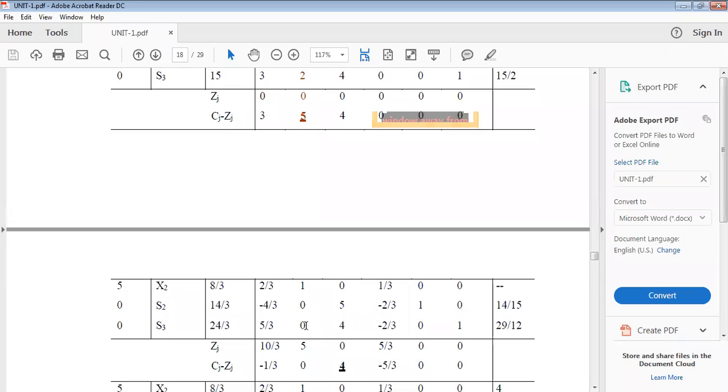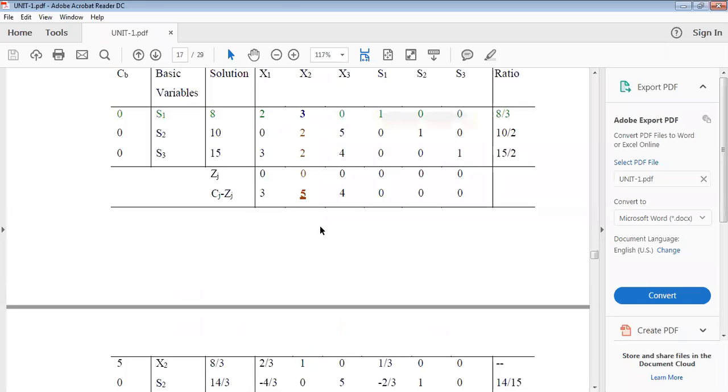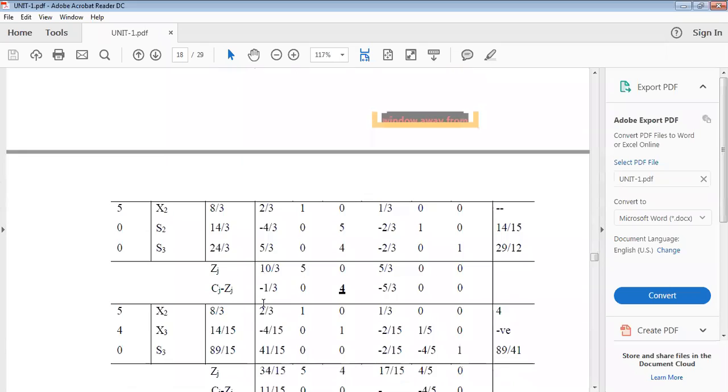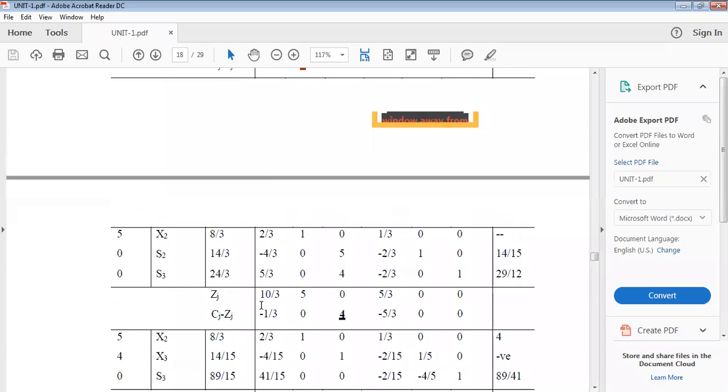Next comes 0, 0. For this particular thing, you have to do it separately.